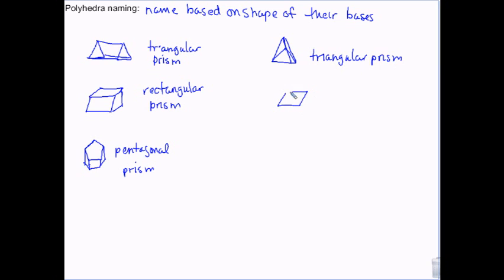Or if I have a square with the points coming up, it's a square pyramid. You can have a pentagonal pyramid, a rectangular pyramid. Why am I writing prism? I meant pyramid.